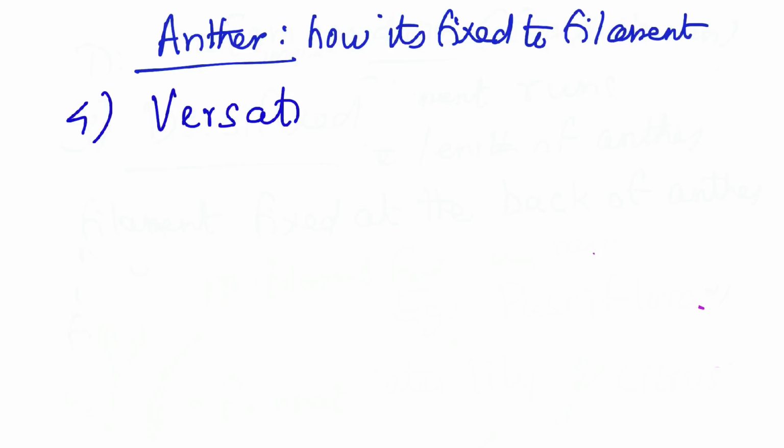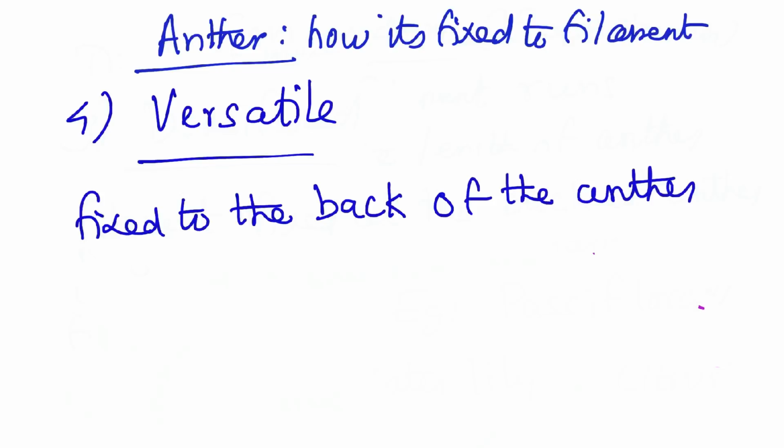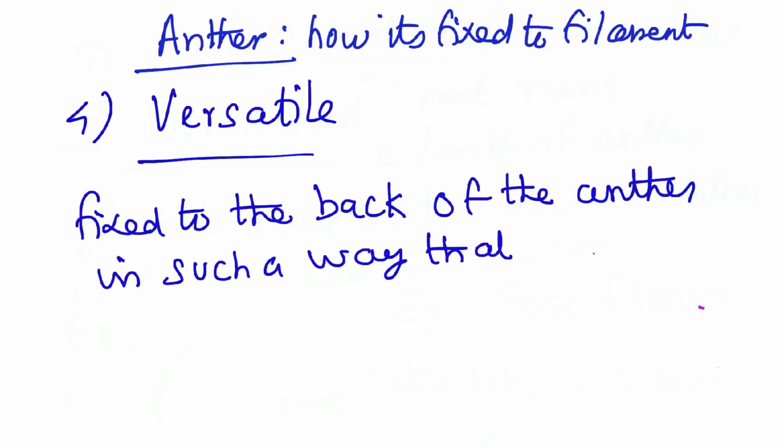Going on to the fourth kind, it is called versatile. And this is a very interesting case. Here also the filament is fixed at the back of the anther, but that development has been done in such a manner that the anther is free to move about, or swing about. Maybe when there's a wind blowing, the anther can simply sway from one side to the other.